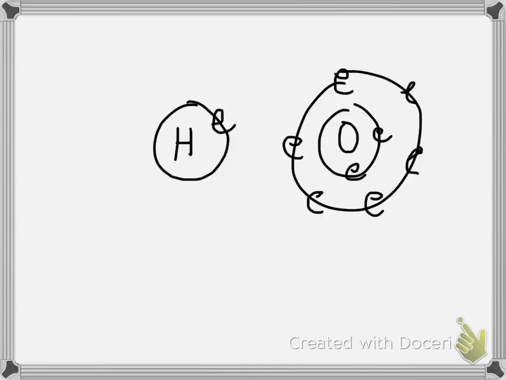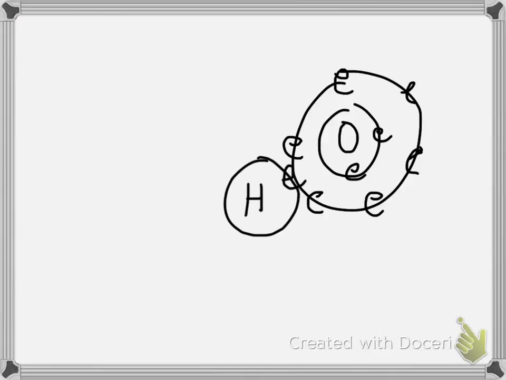In the P block, the number of valence electrons, the uppermost occupied main energy level electrons, is group number minus 10. We also know that because if we start filling these in, we put 2 on the first level, that's all it can hold, and we have 6 left over. Oxygen would like to have how many on that second level? 8. What oxygen does is get that by sharing with hydrogen.